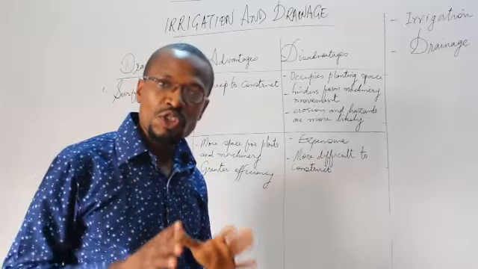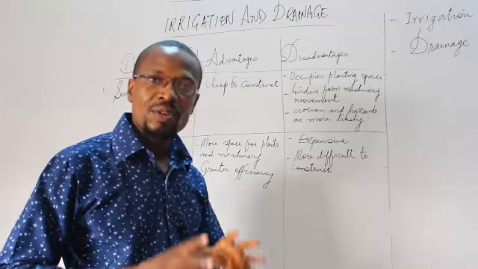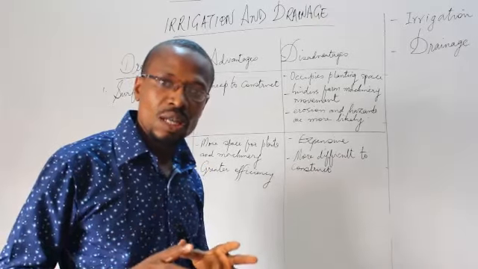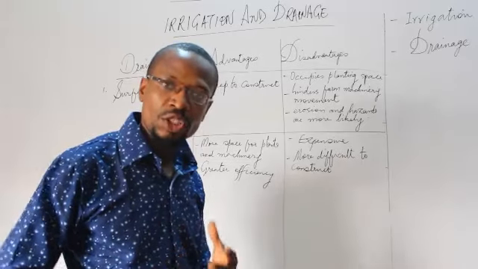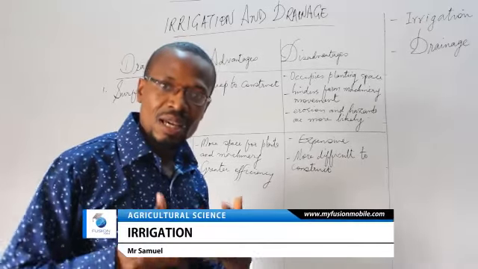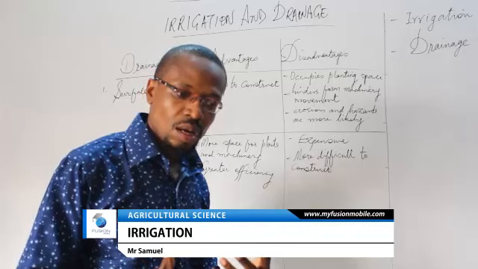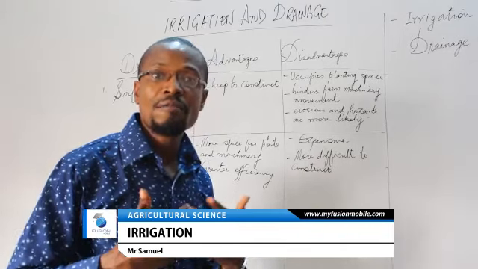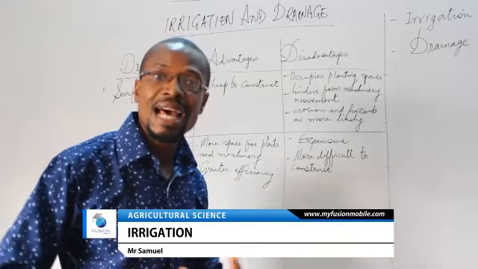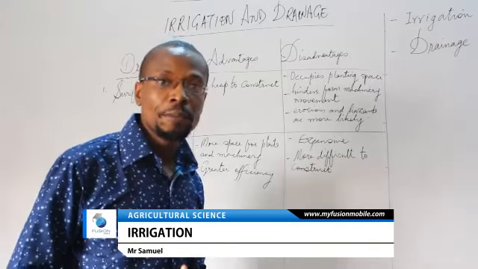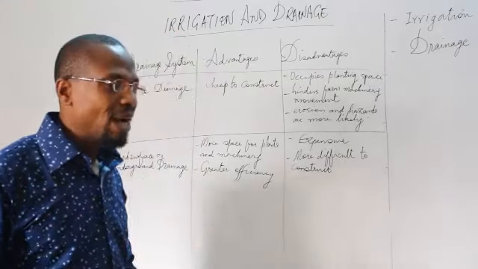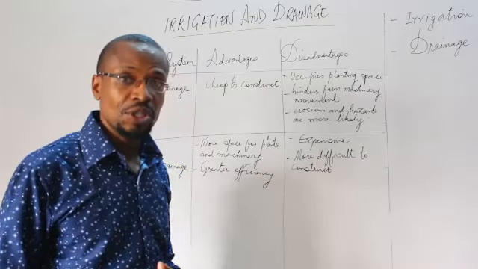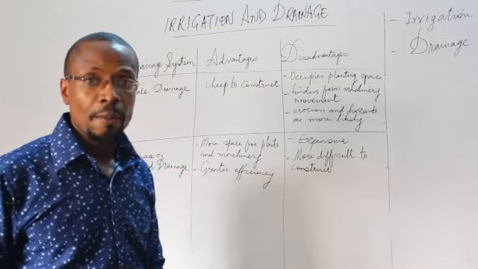So there is enough space for farming, there is a good level of temperature regulation, microbial activity, good air available, the land becomes more available for tilling and more easy and lighter to till, okay? And quite a number of advantages around drainage, okay?